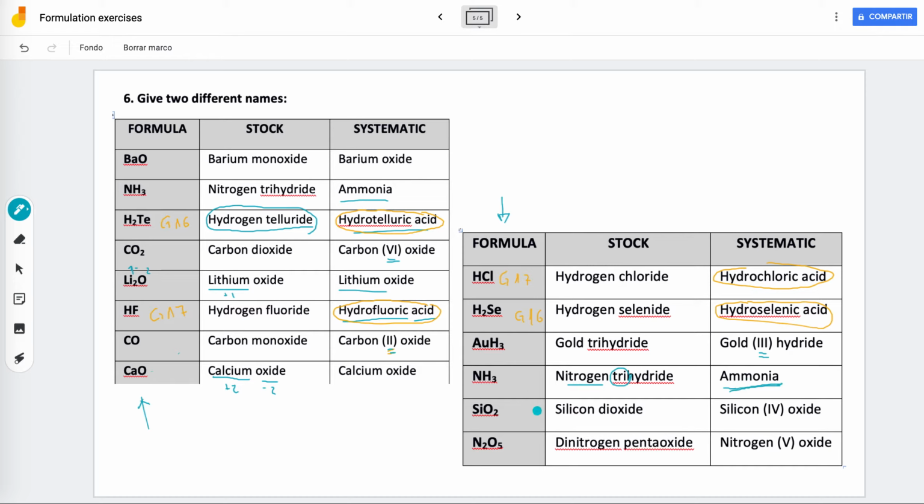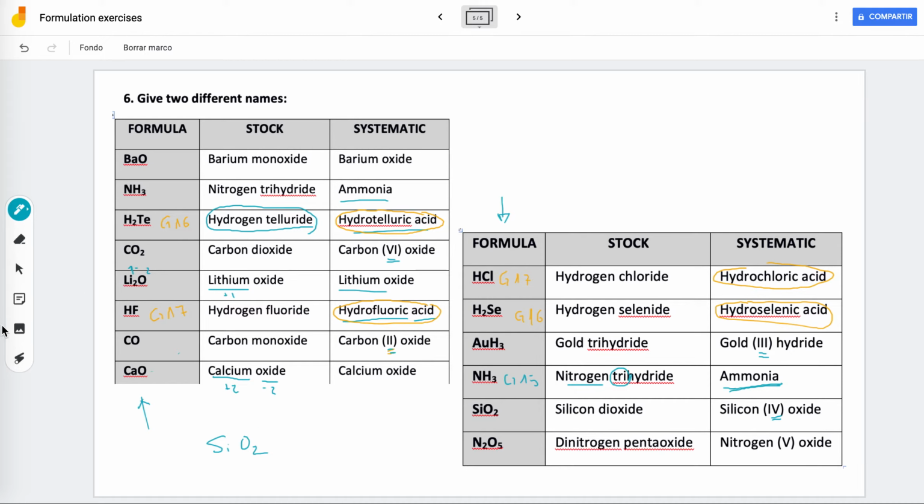NH3, and it is in group 15. Okay, good. Silicon dioxide, and in this case silicon has an oxidation number of 4. Yeah, it could be 2 or 4, but in this case it's 4. So why can we write silicon dioxide?